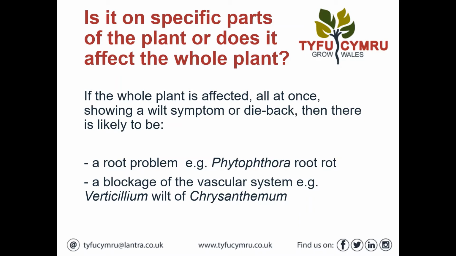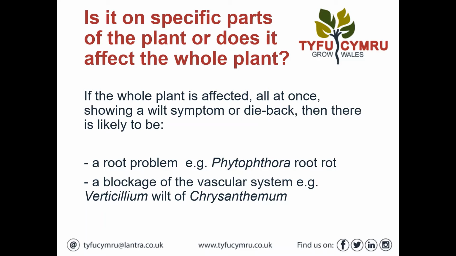The next question to ask is it on specific parts of the plant, or does it affect the whole plant? So if the whole plant's affected all at once, and it shows a wilt symptom or dieback, so the ends of the branches are dying back, then it's likely to be a root problem perhaps.